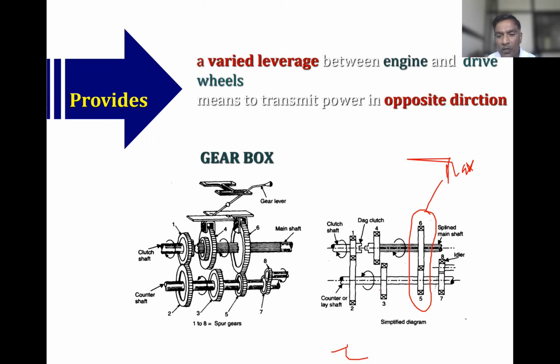Now if this gear is in mesh with this, you can see the gears are of equal size. Whatever torque this shaft is getting is given to this main shaft, and gears are engaged just by sliding these gears either this side or this side, and that's why it is called a sliding mesh.